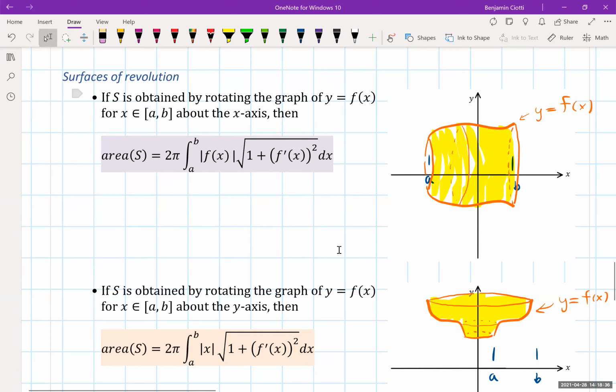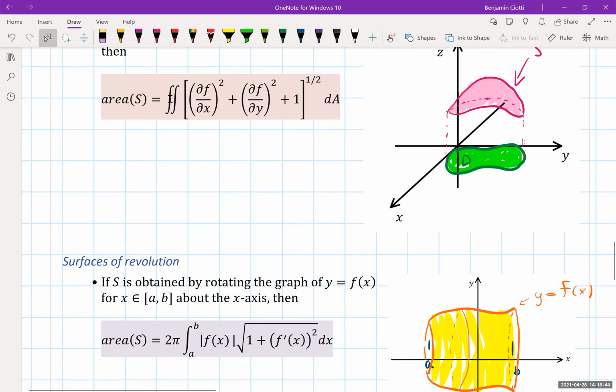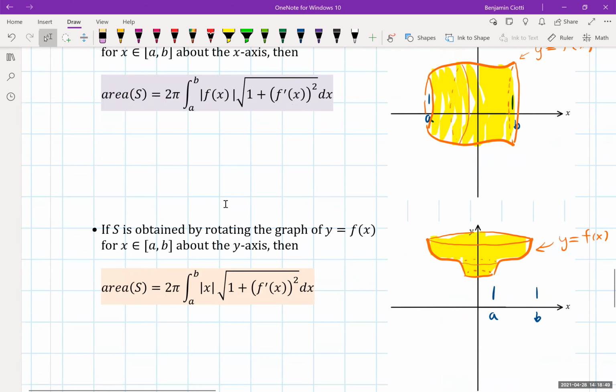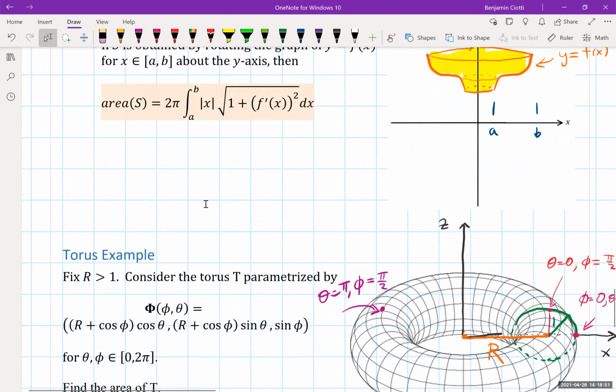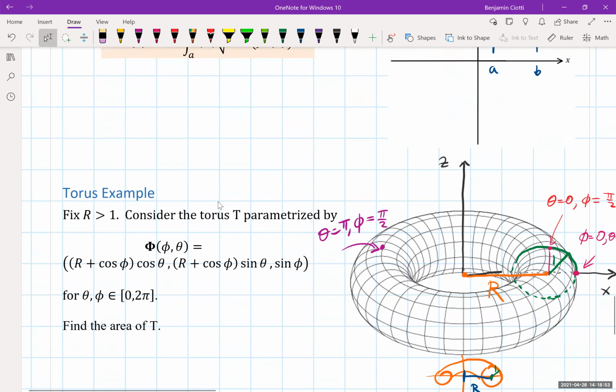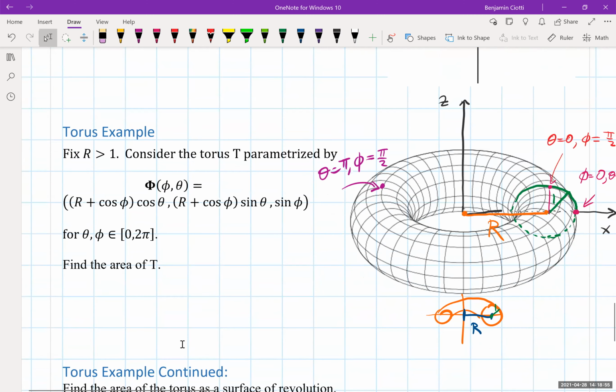Some of the other formulas that I gave in the lecture are for surfaces of revolution, and also graphs. So there are all these different surface formulas. Usually, if one of them applies, that's probably the one you want to use.